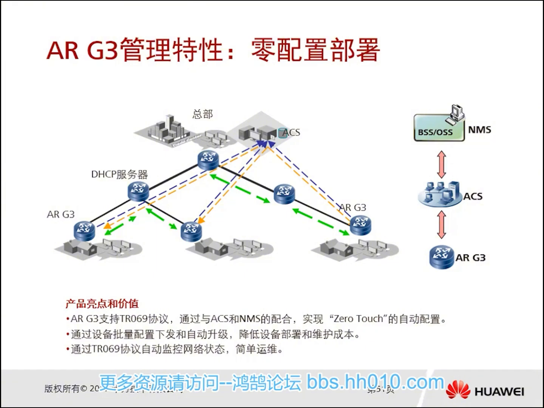This will reduce the deployment and maintenance costs of my equipment. Moreover, this protocol can automatically monitor the status of a network. In this case, it concerns operations and maintenance in the later stage. Simplification comes first, and after simplification, the costs will definitely decrease.